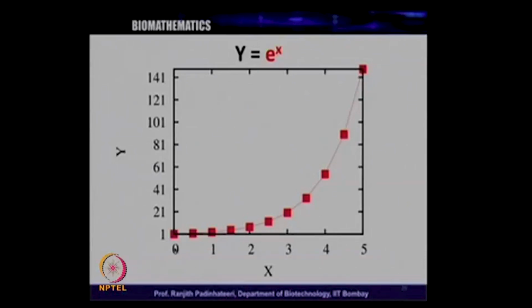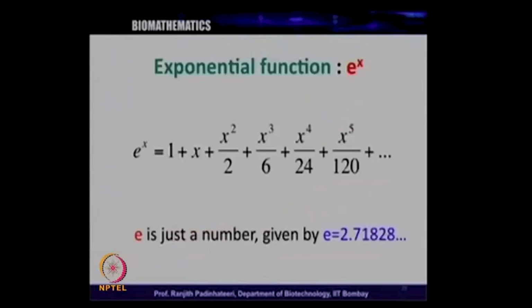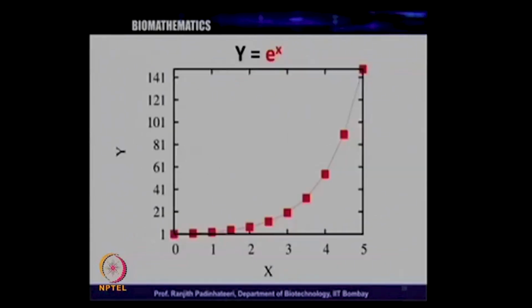For example, when x equals 0, e power x is 1. As we saw in the previous slide, if we put x equal to 0 everywhere, all of these terms are 0, and you have just 1. So, at x equal to 0, e power x is 1.